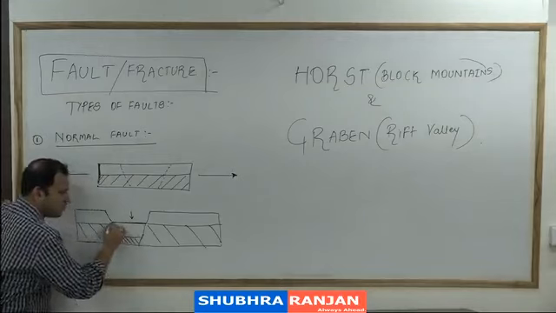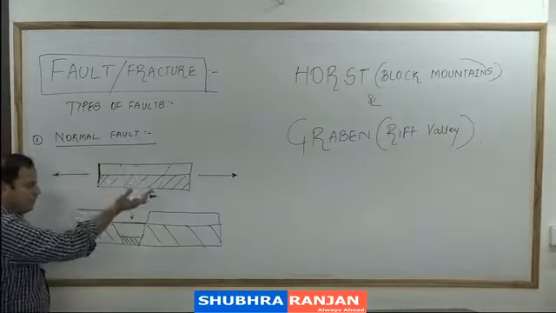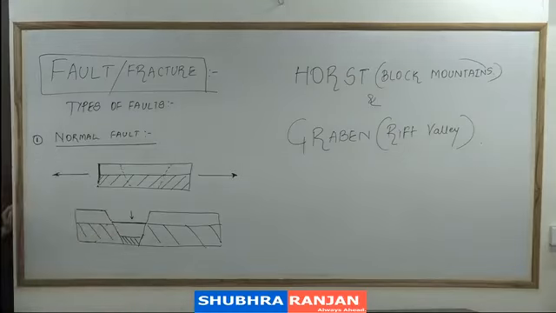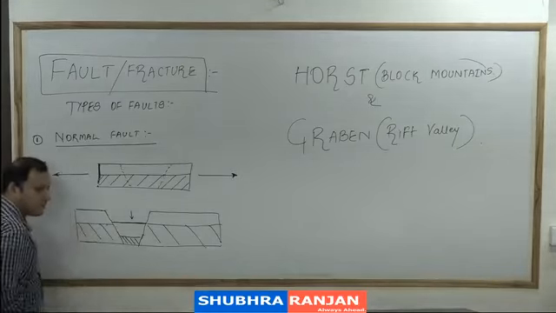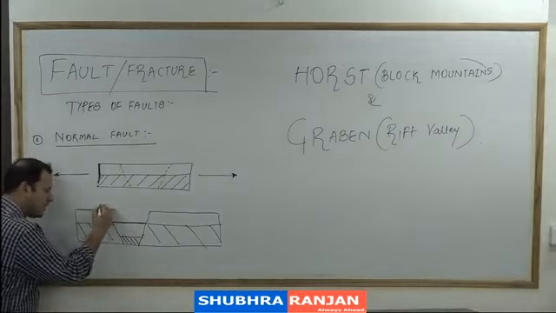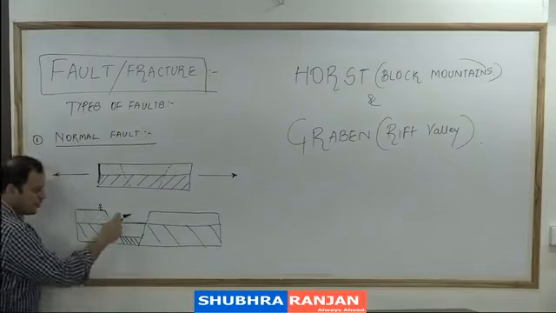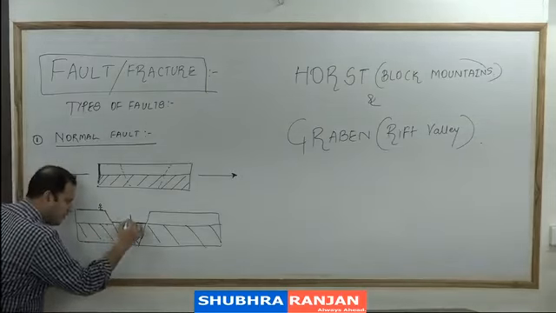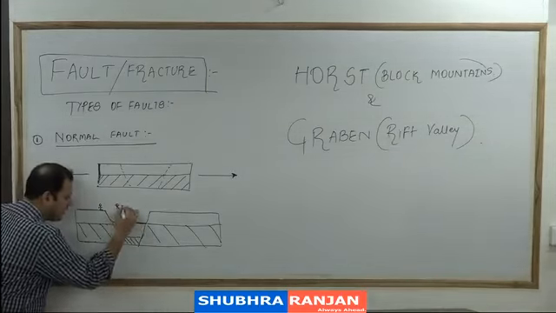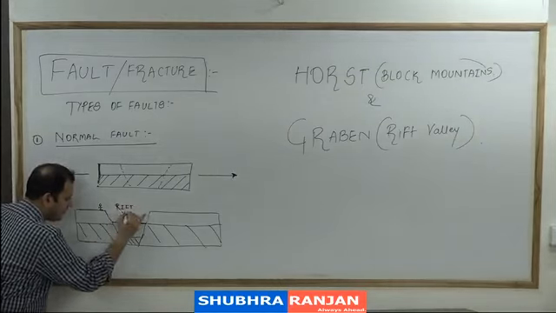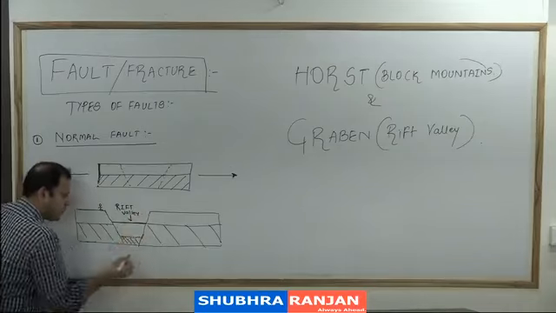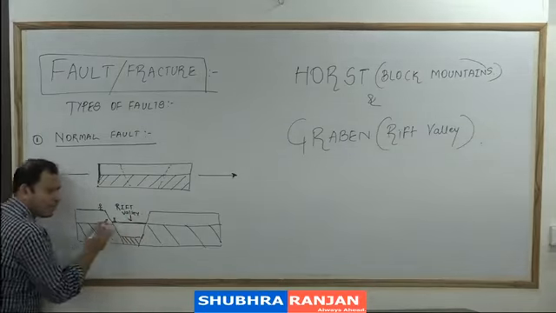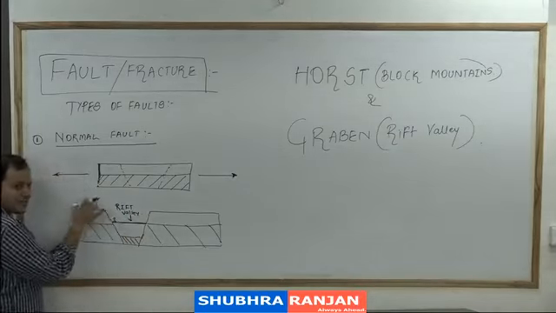part goes down, or the central part may go up, but I am showing that central part will go down, and as a result of this, ये जो central part which has gone down, now if you are standing here and looking down, you will feel that it is a valley. So we will call this valley a rift valley. But if you are standing in this valley and looking up, you will think that this is a mountain.